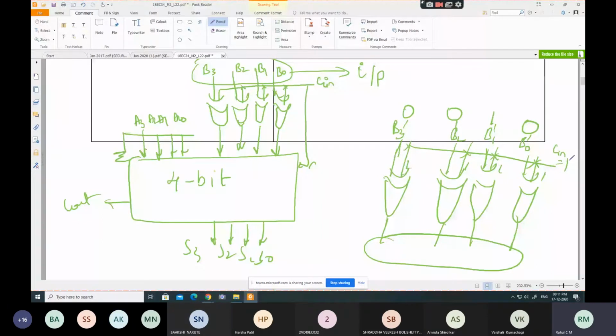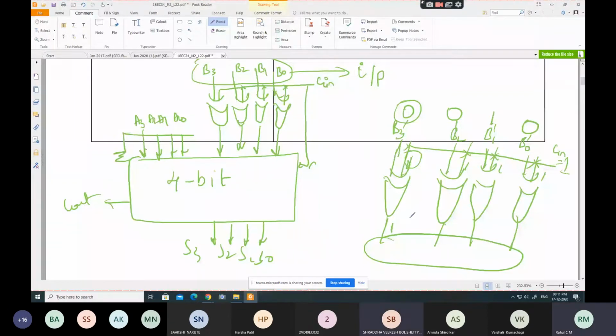What will be the output? 1 XOR 0. B3 is 0 and the other input is 1. So what is the XOR gate value? What is 1 XOR 0? Is it really 1?